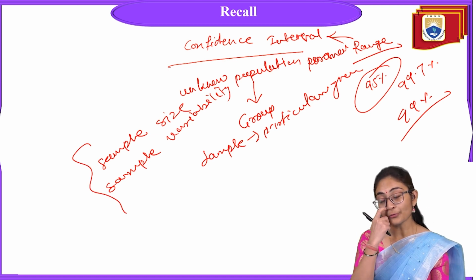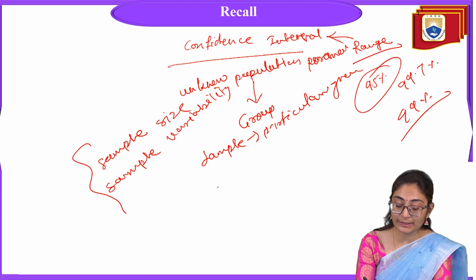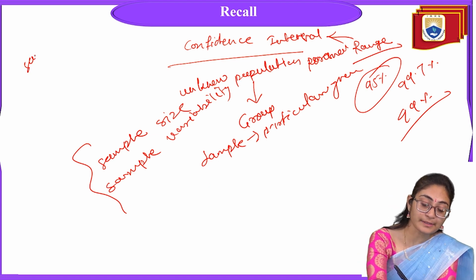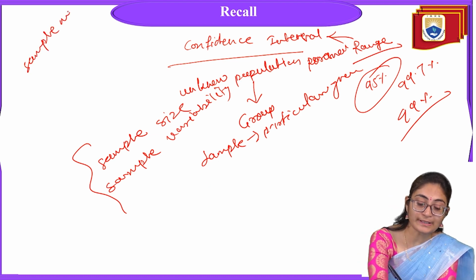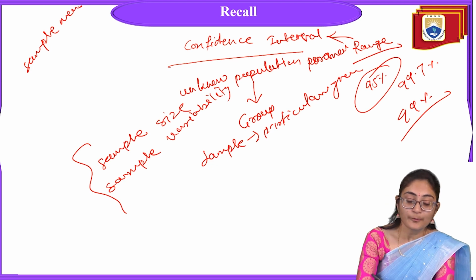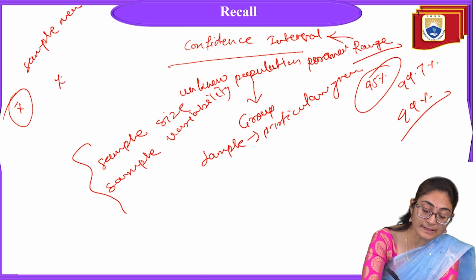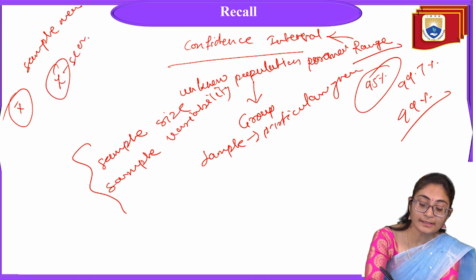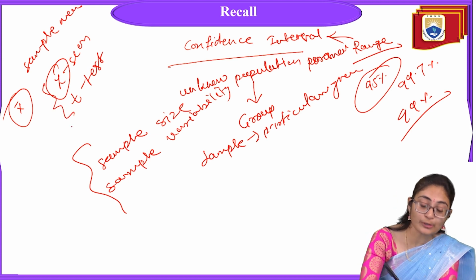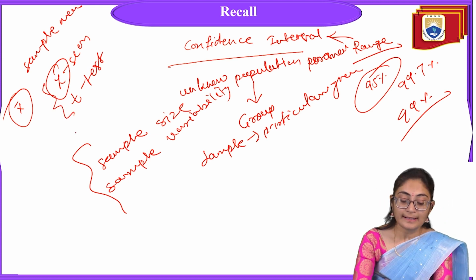Again, we can find the confidence interval by using the sample mean. First you have to find the mean, then the z-score, then the t-test value.